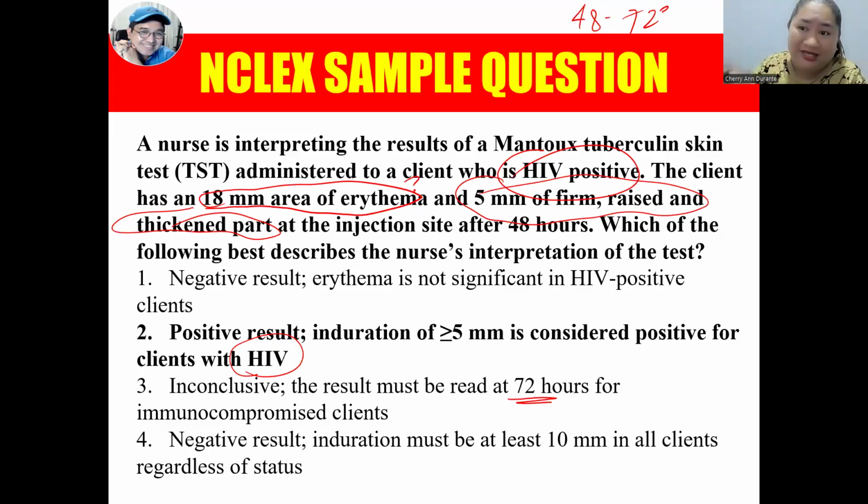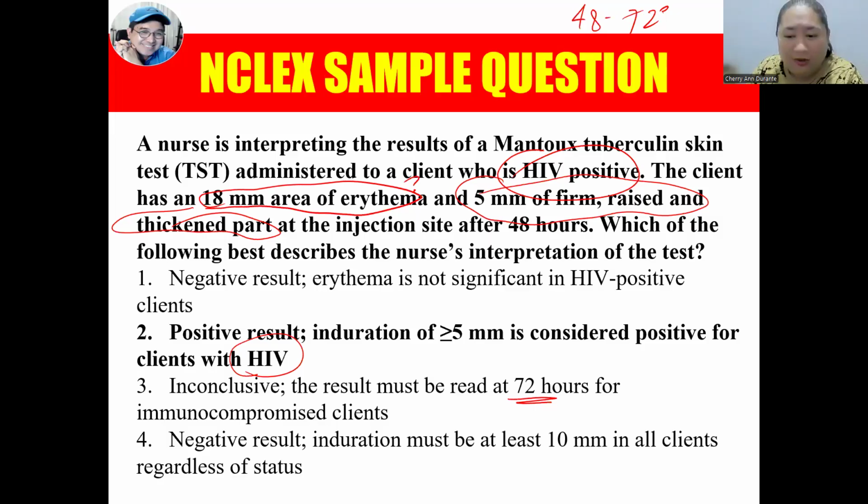And with a depressed immune response, there's a possibility that it will not react. Although they're positive, they have the bacteria, they might not react to the skin test because they're immunocompromised, meaning their immune system is not reacting well. So that's why a 5 millimeter induration is already considered positive.